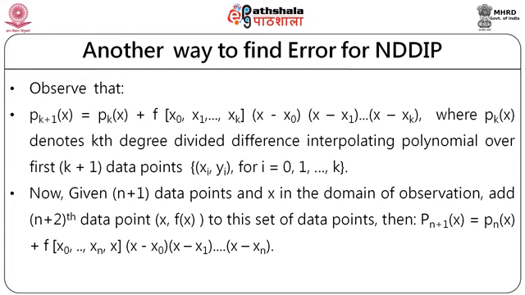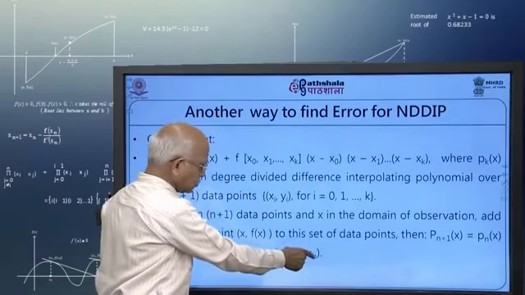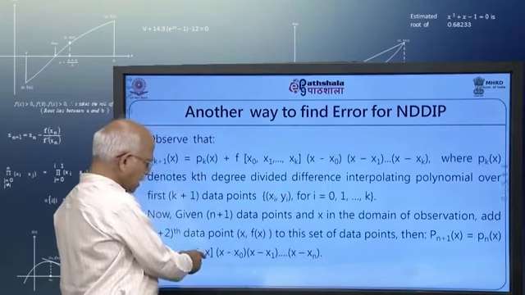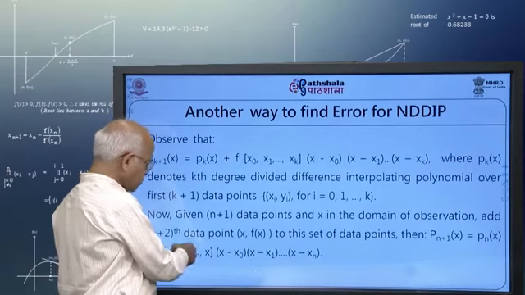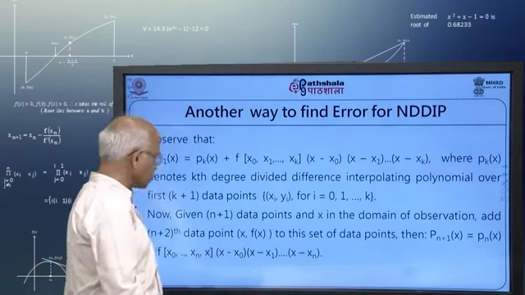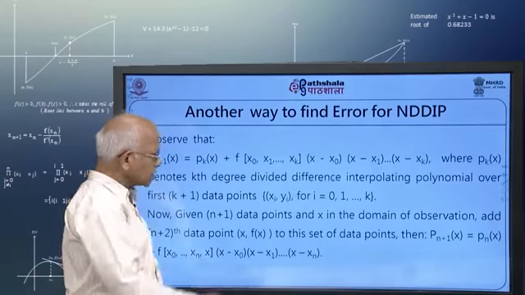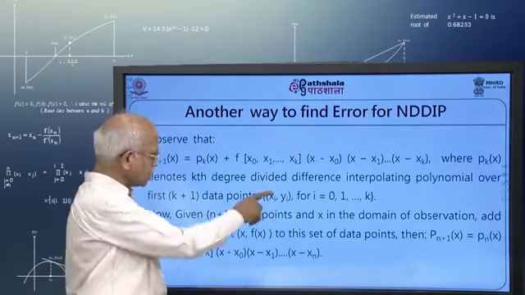In the earlier case we were going up to x n minus 1, but because we have added an additional point here I will be going up to x n. So, these are the factors I am going to get, and I can represent p n plus 1 x in this format.